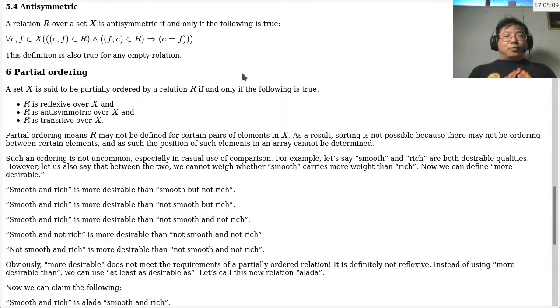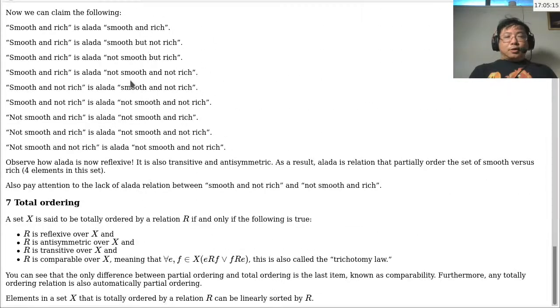That is the reason why we have to distinguish partial ordering versus total ordering. Total order just adds one more requirement: R is comparable over X. What does that mean? As usual, we're going to use a quantified statement to explain. For all E, F in X, which means E and F are variables bound to elements of X, ERF or FRE.